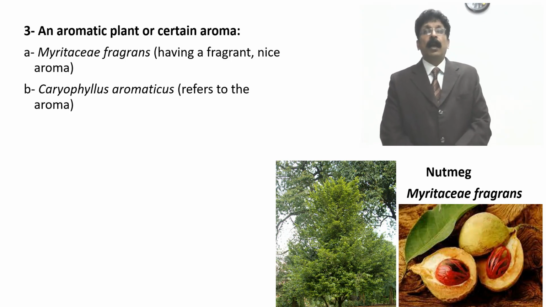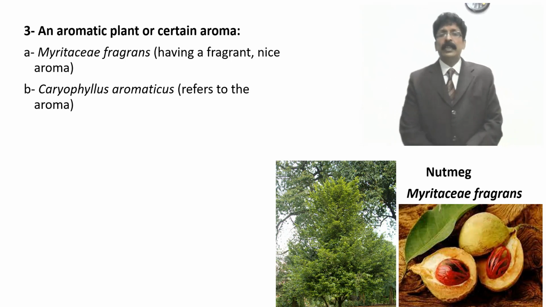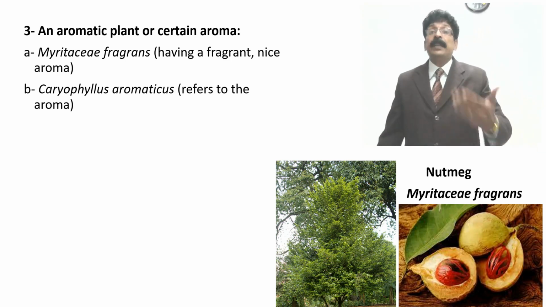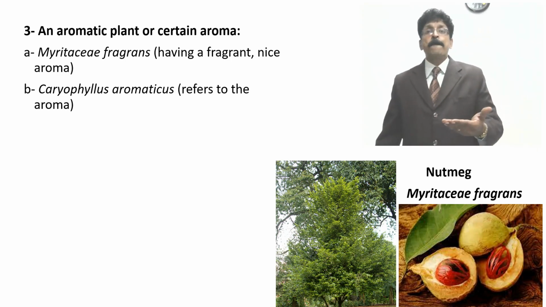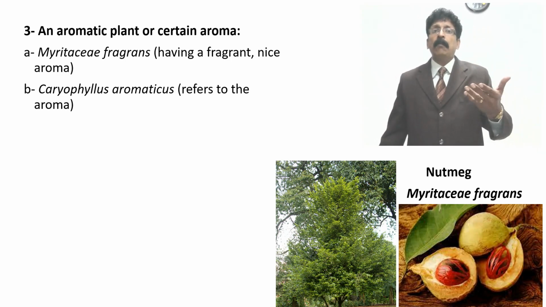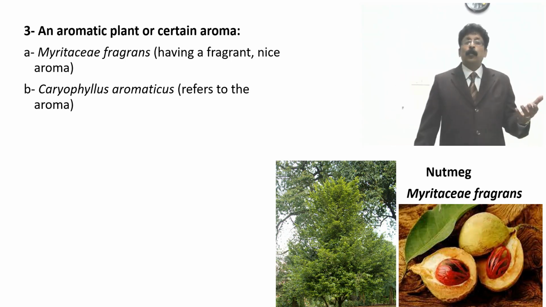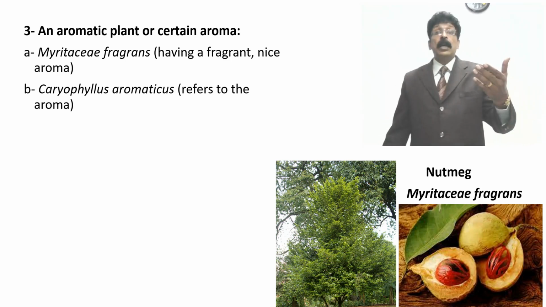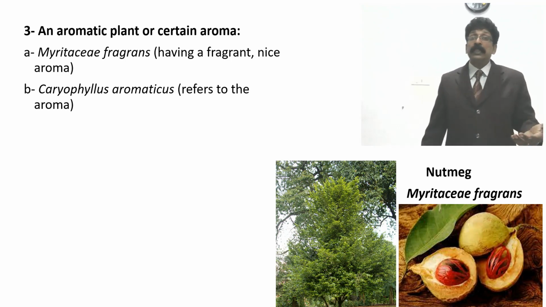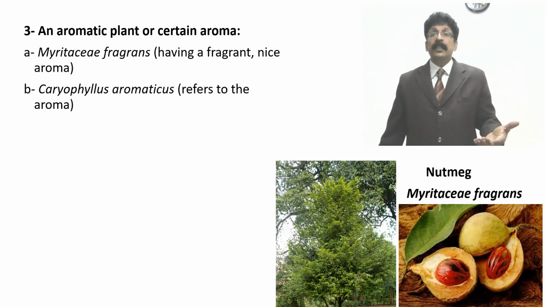And another example, Caryophyllus aromaticus. Students, there are many names for this because it's a well-known drug which we are using in the home: clove. It is called Caryophyllus aromaticus, Eugenia caryophyllus, Syzygium aromaticum; it has many synonyms.